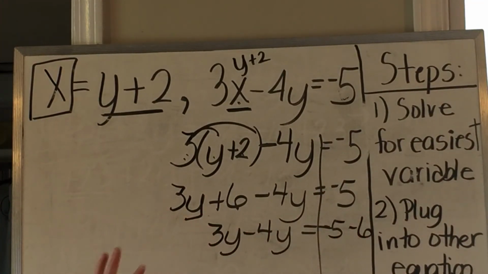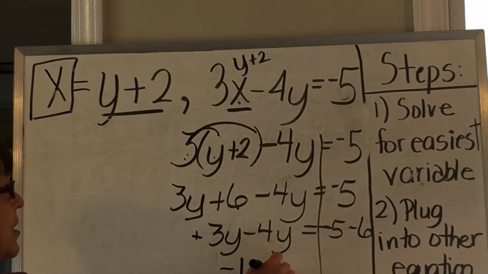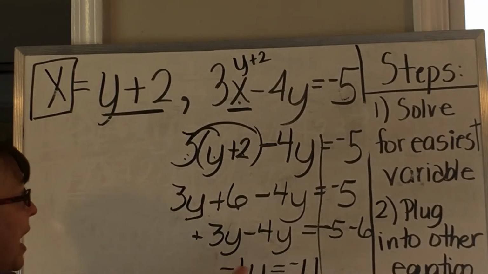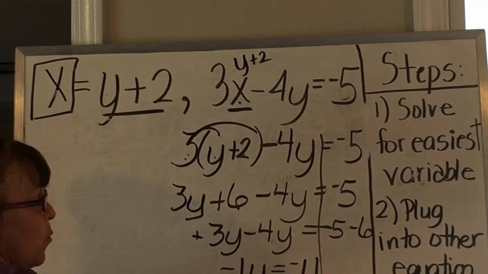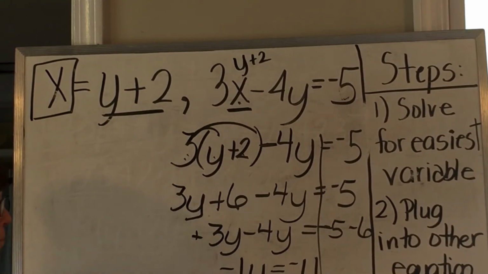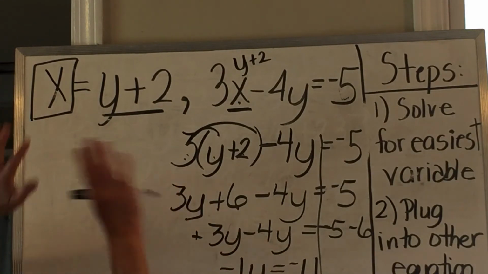Okay, now it's hard to see, but take my word for it. The signs are different. Subtract and get negative 1y equals negative 11. Divide by negative 1, y equals 11. Now, again, you could start writing your answer.